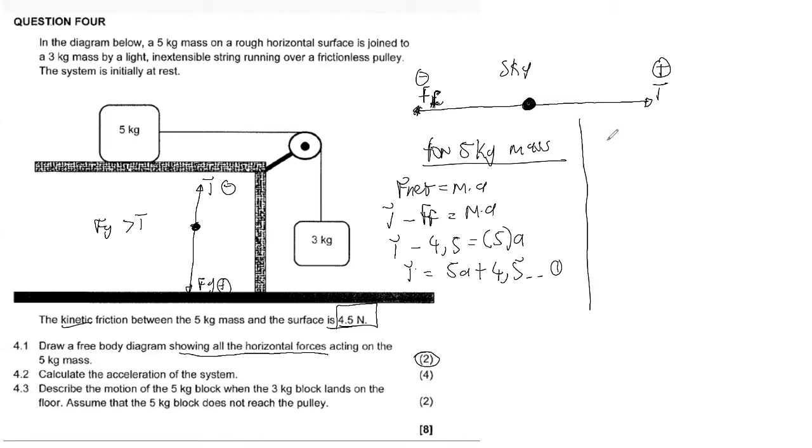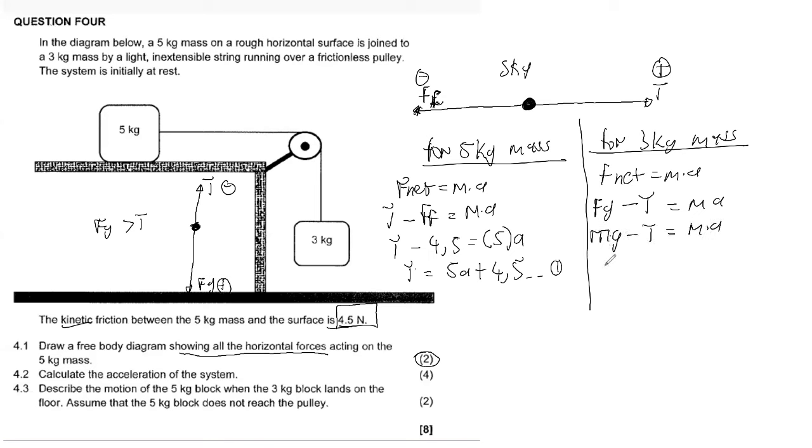So, okay, now let's consider the 3 kg block. For the 3 kg mass, my equation is F net equals ma. But here I have Fg minus the tension equals ma. Now this is mg minus T equals ma. Let me go ahead and substitute. My mass is 3.